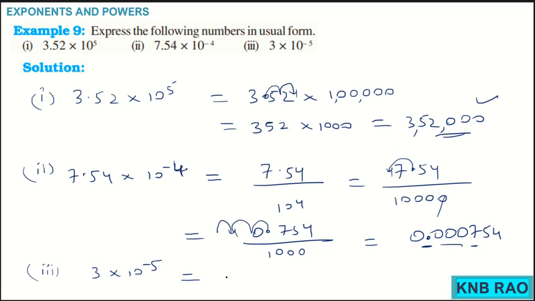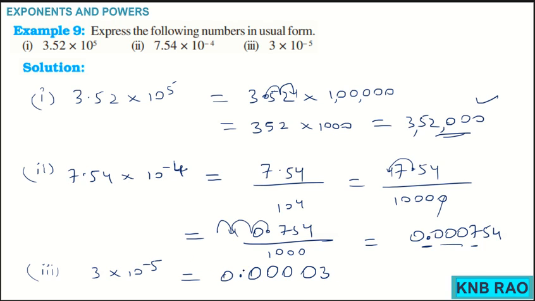That means I have a 0 point and 3 being the non-zero digit. Between them I will have 1 less than 5 zeros. That means 1, 2, 3, 4 zeros. That's it.